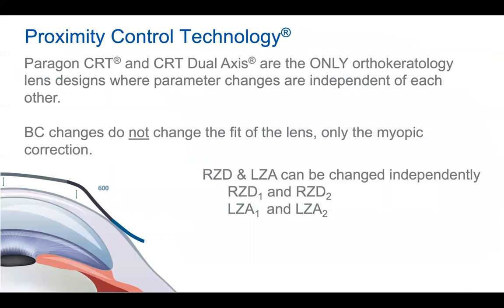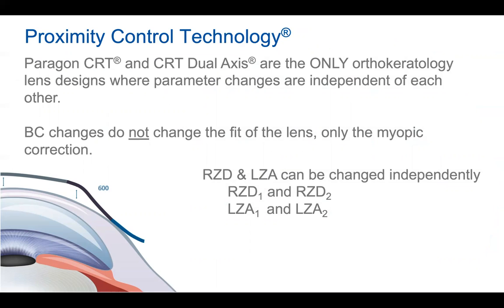One important thing to note is that Paragon CRT and CRT Dual Axis are the only orthokeratology lens designs where the parameter changes are independent of each other. Base curve changes do not change the fit of the lens, as in other types of GP or Ortho-K lens designs. The base curve is only for the myopic correction.